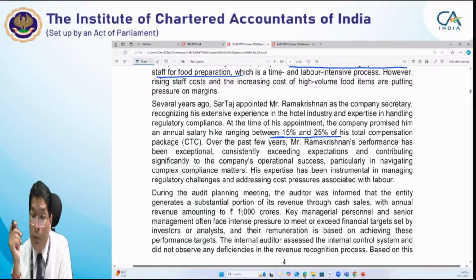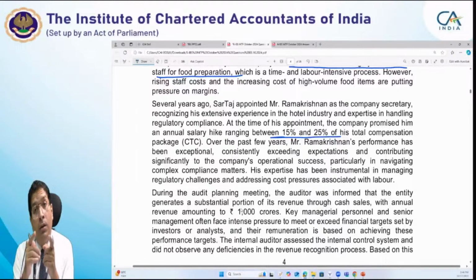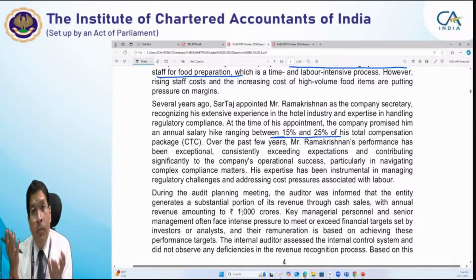Over the past few years, his performance has been exceptional, consistently exceeding expectations and contributing significantly to the company's operational success. It means that because his performance is exceptional, it may be presumed he is getting an annual increment of up to 25%. Okay.